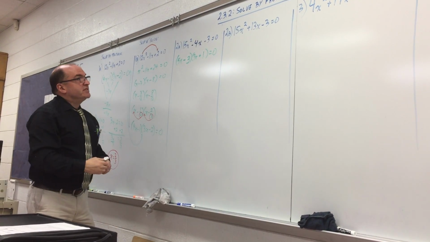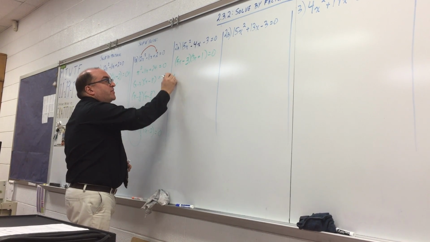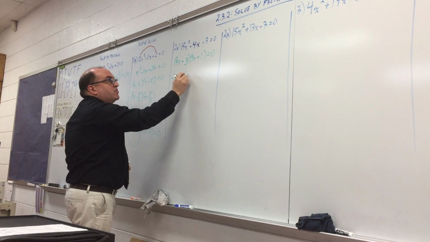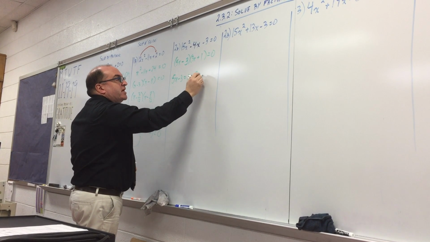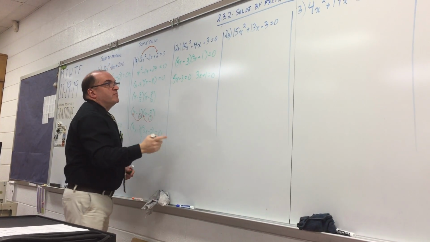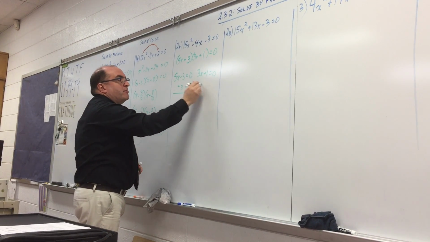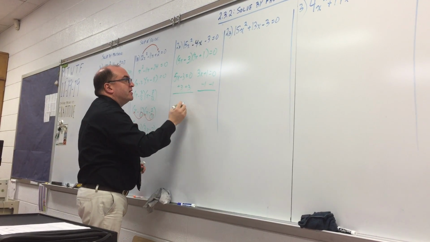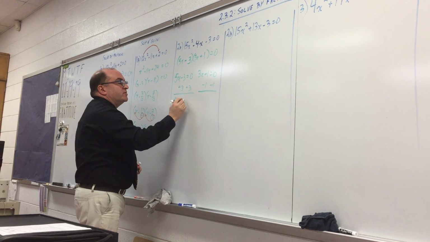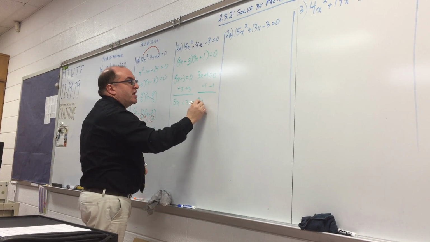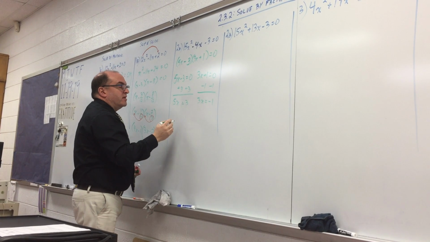Now I'm going to set both of these factors equal to 0. 5x minus 3 equals 0. 3x plus 1 equals 0. I'm going to add 3 to both sides here. I'm going to subtract 1 from both sides here. 5x equals 3. 3x equals negative 1.